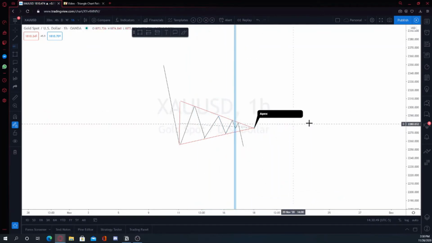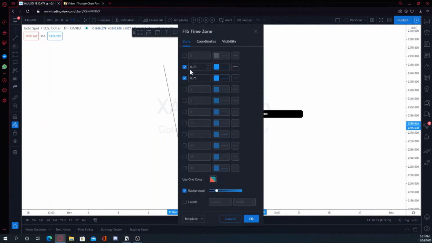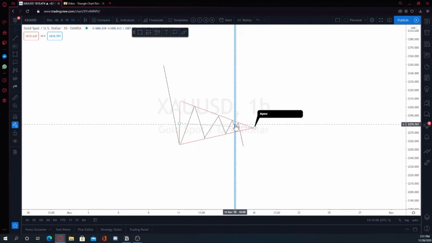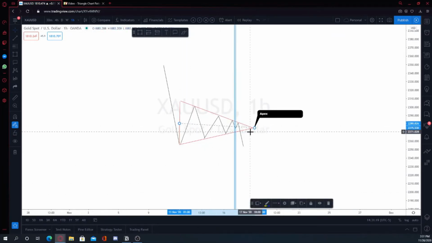If you double click on this, change the levels to 0.73 and 0.75. This is really fine-tuned, so that's why I have it really tight. This is usually the area where price breaks out of the triangle, between 73% and 75% of the triangle height, essentially.